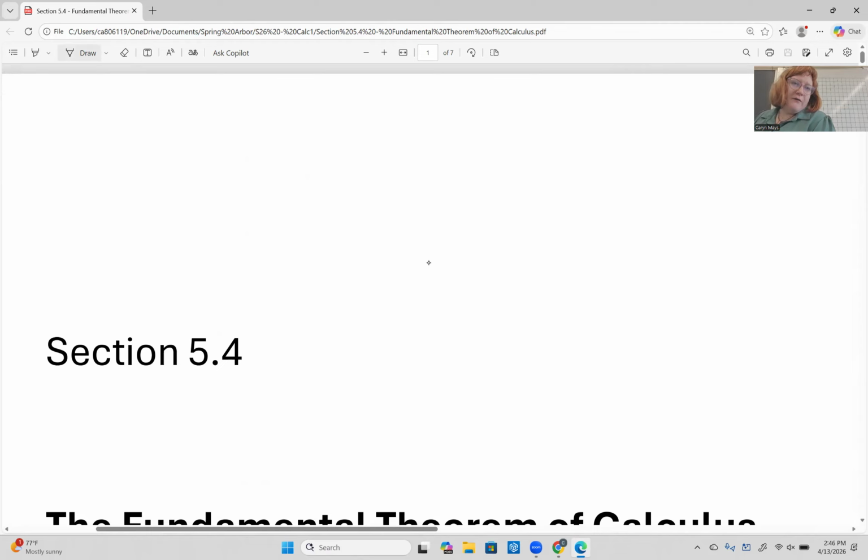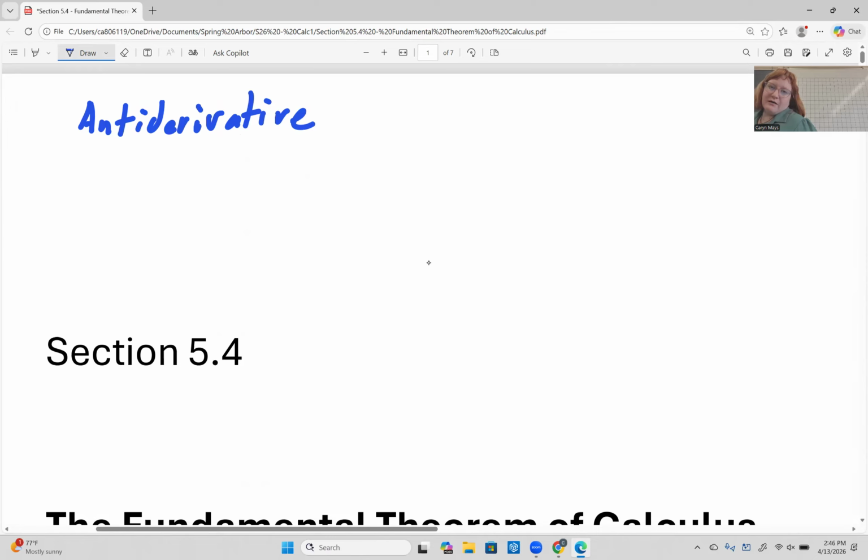We started off with the idea of the antiderivative in 5.1, which is what is a function so that when I take its derivative, I get this idea.